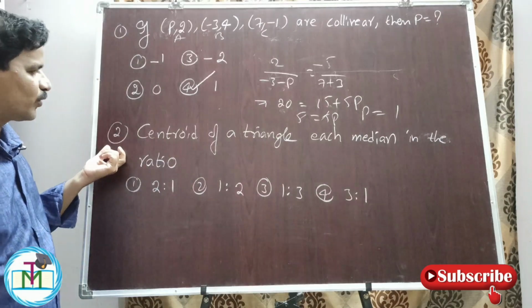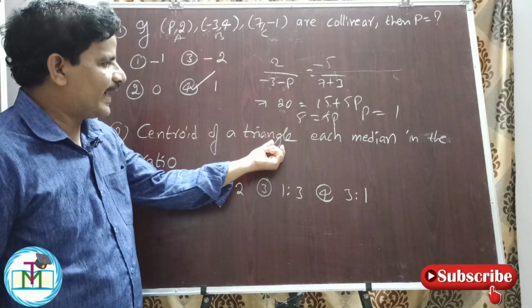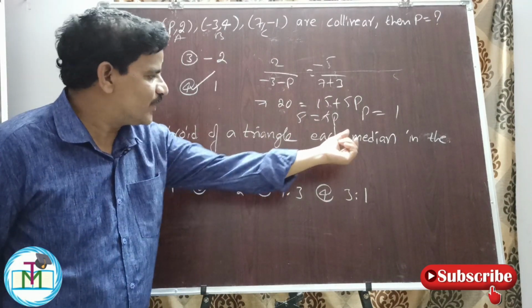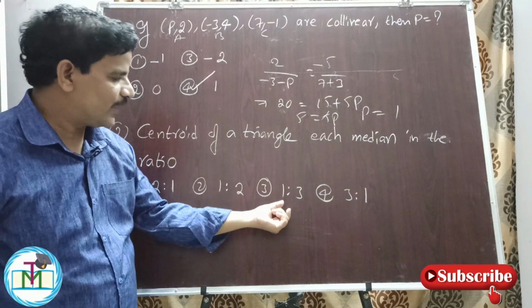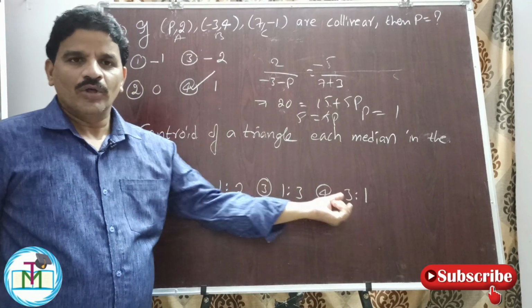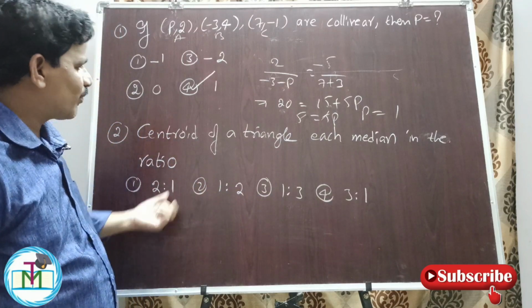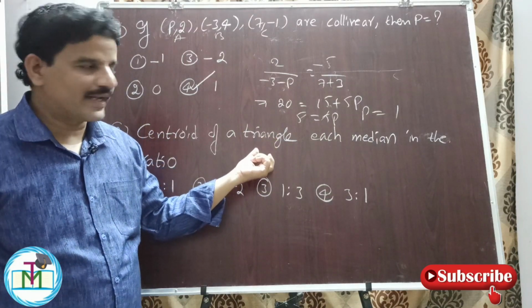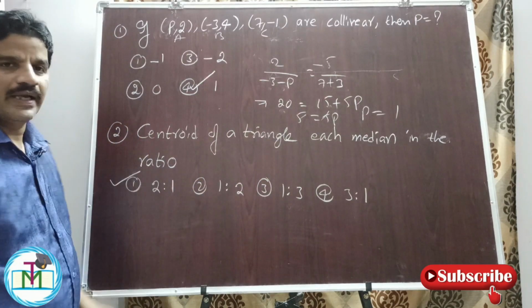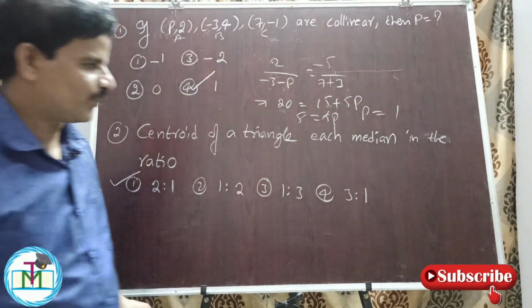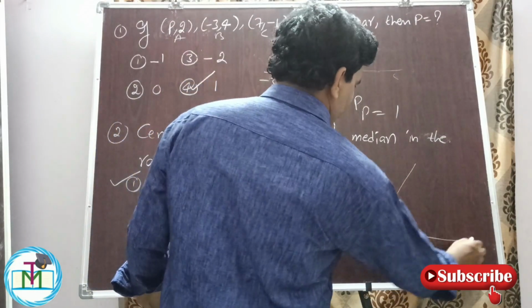Now question number 2. The centroid of a triangle divides each median in the ratio 2:1, 1:2, 1:3, or 3:1. So here this is one standard formula. The centroid of a triangle divides each median in the ratio 2:1, that is the right answer. Let us see. Here we have a triangle.